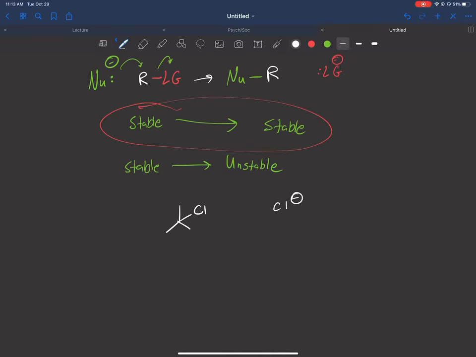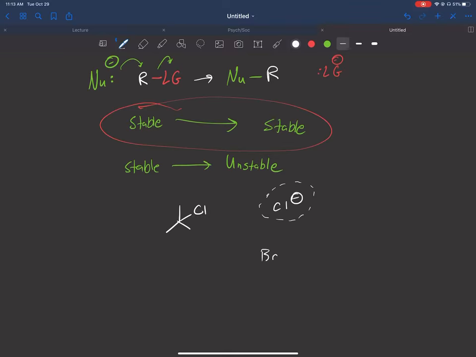But it's pretty big as well, since it's on the second, third row of the periodic table. So it can spread out that negative charge in its electrons over a fairly wide distance, thereby being pretty stable when it's free. So the halogens are good leaving groups.